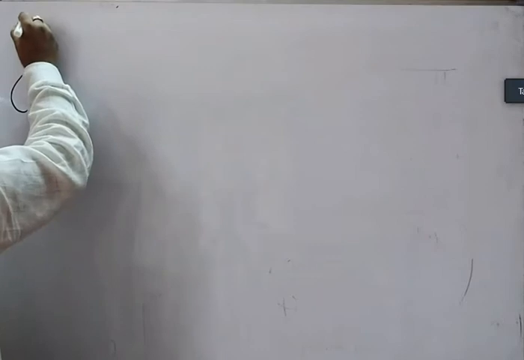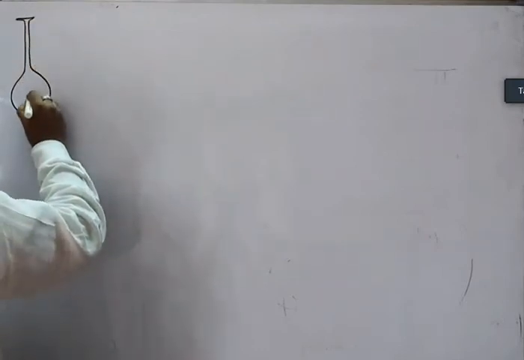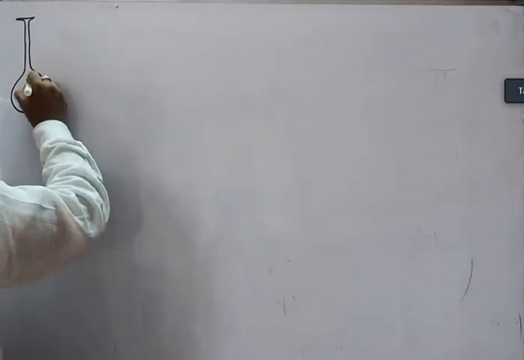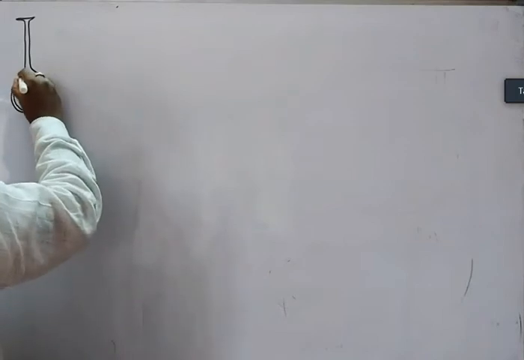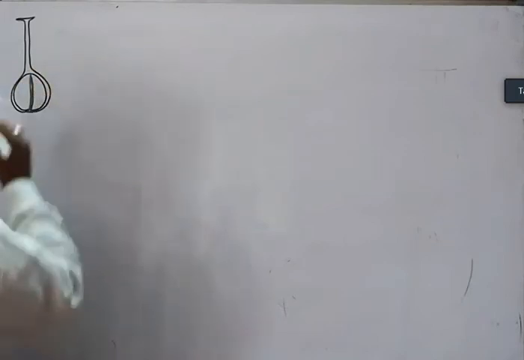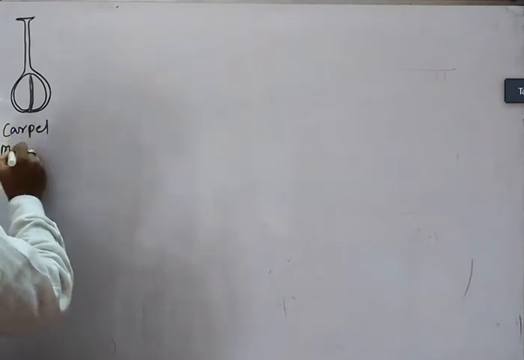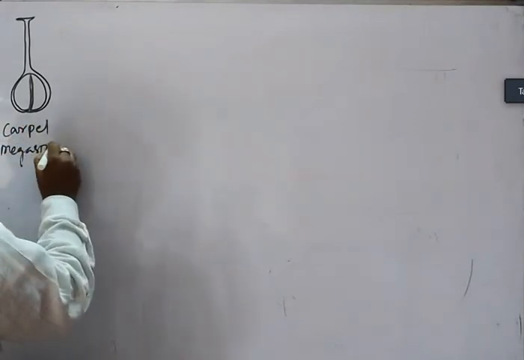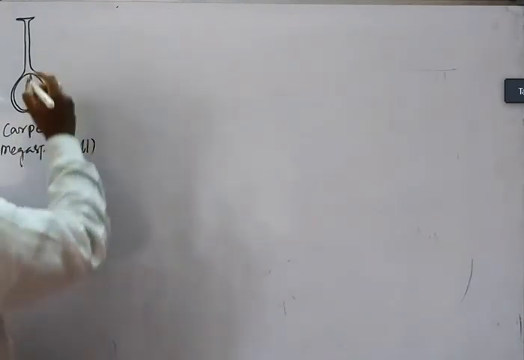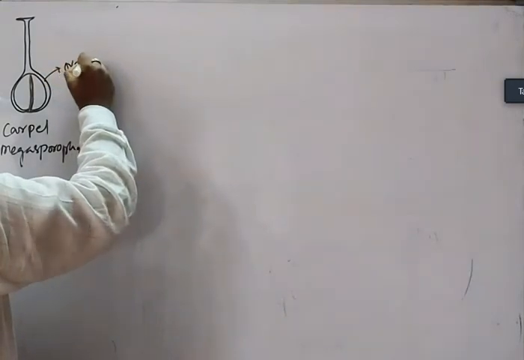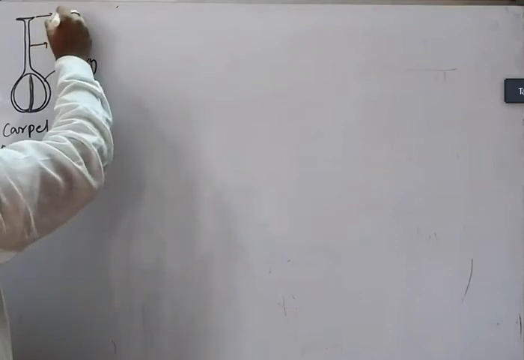This is the carpel. Carpel is also called megasporophyll. And this part is the ovary, and this is the style, and this is the stigma.